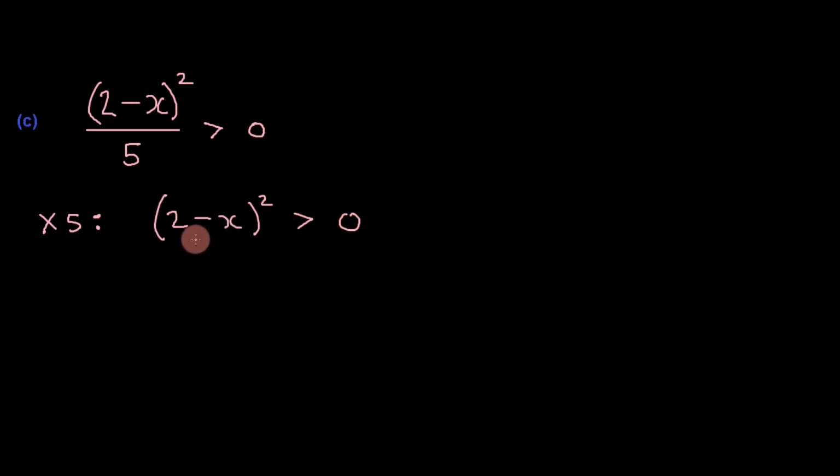We know that any real number squared will be greater than or equal to 0. In this case, we want the left-hand side to be strictly greater than 0 and not equal to 0. So we're going to check where the left-hand side equals 0. So we're going to solve this equation: 2 minus x equals 0. And hence, minus x, or negative x, is negative 2. And then dividing through by negative 1, we see that x is equal to 2.